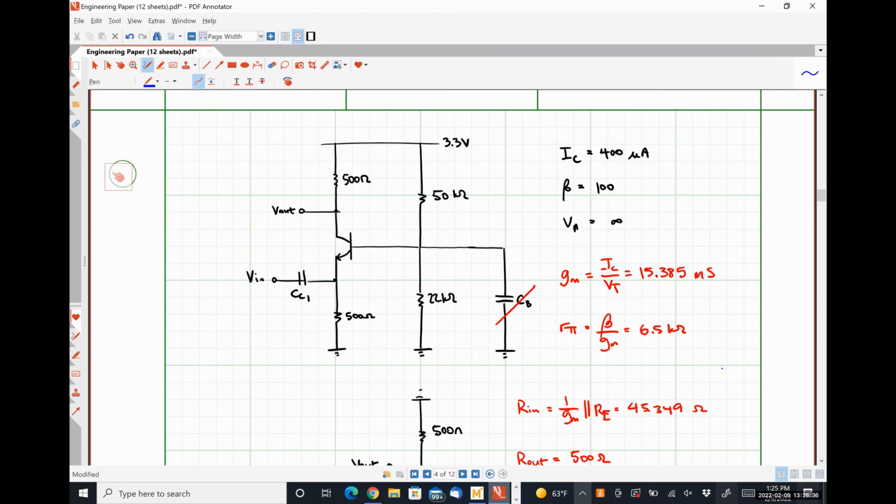We use these capacitors to make the parts of the DC circuit that lower the performance of our system go away at a small signal or AC level, right? So if we didn't have this 50 kilo ohm resistor and this 22 kilo ohm resistor here establishing our bias point, that means that we would have to come up with an external voltage source to give us whatever voltage that we need to bias this guy correctly, right?